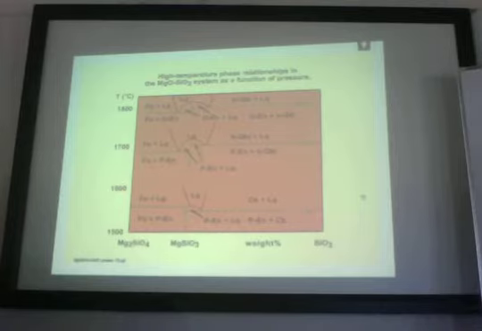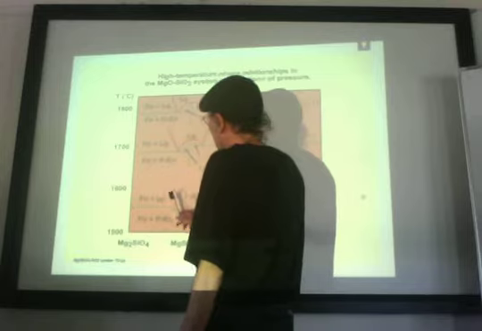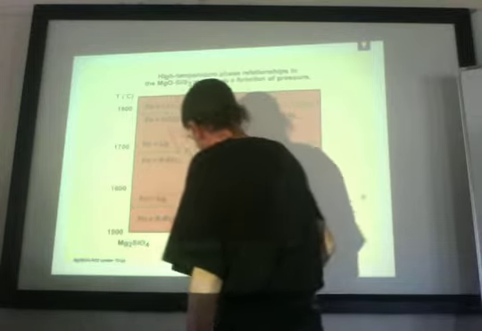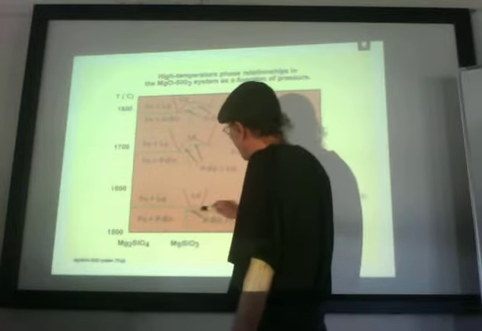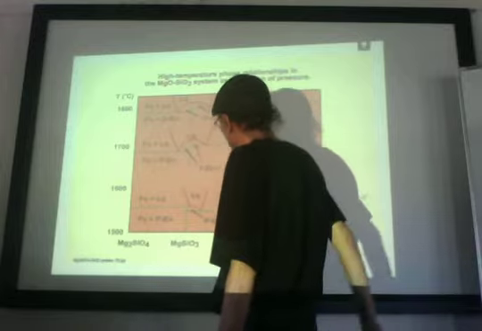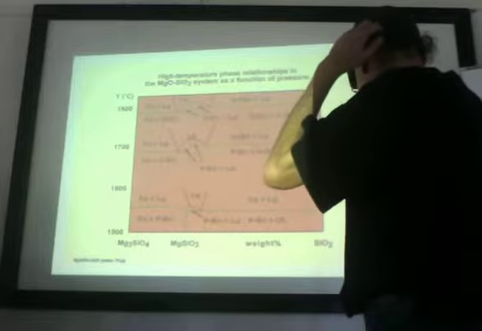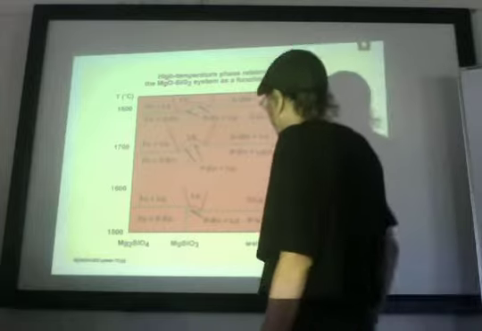So there we have incongruent melting, and that means forsterite plus silica, we are making then here an enstatite. And here we have the eutectic, and there we have congruent melting.